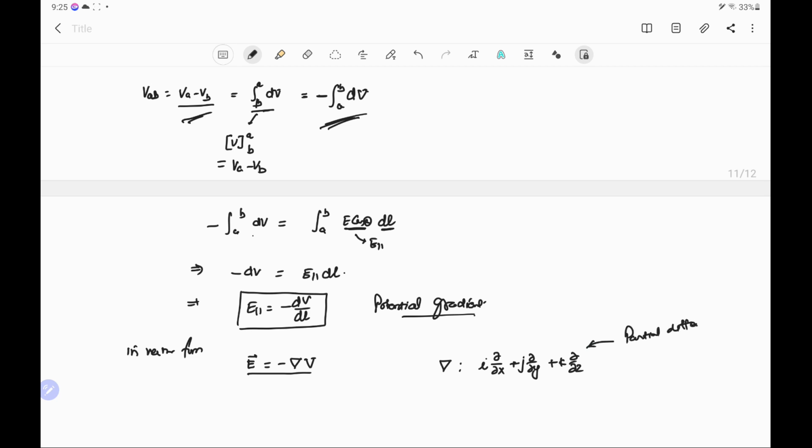Partial differentiation means, if we talk about delta by delta x, it means it will differentiate the function with respect to x considering y and z as constants.